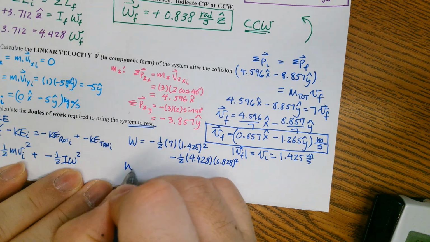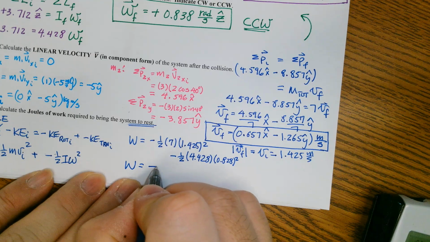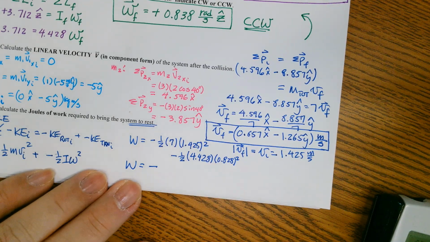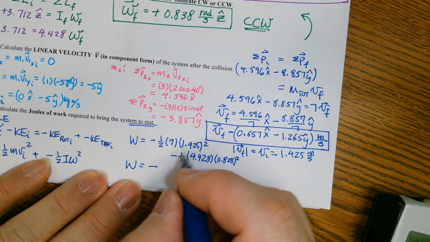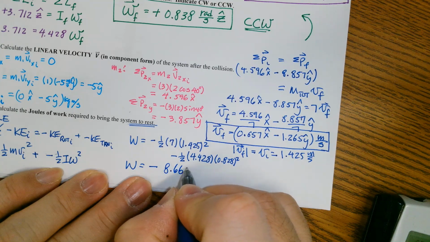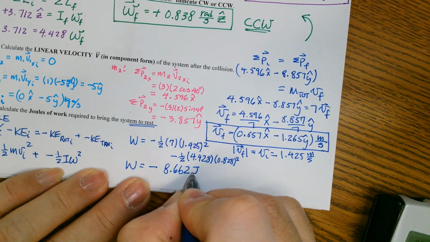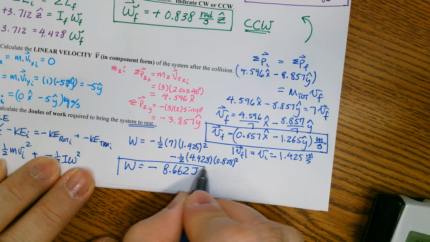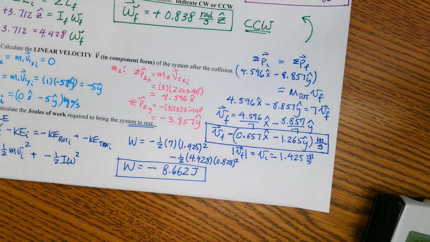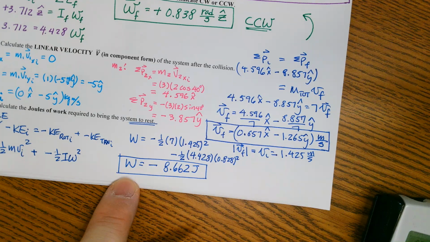So if you work it out, your work comes out to negative this plus that, which comes out to 8.662 joules. So you would have to take out 8.662 joules of energy from the system to bring it to rest.